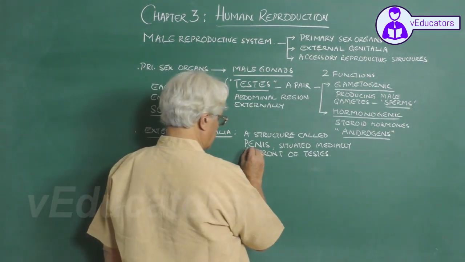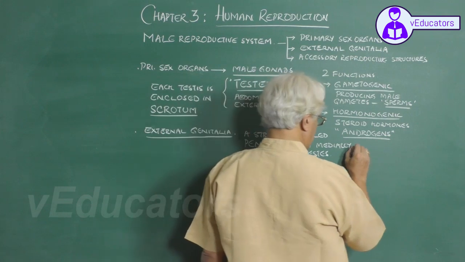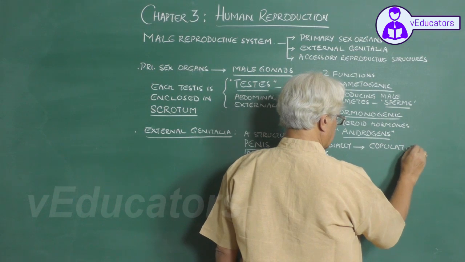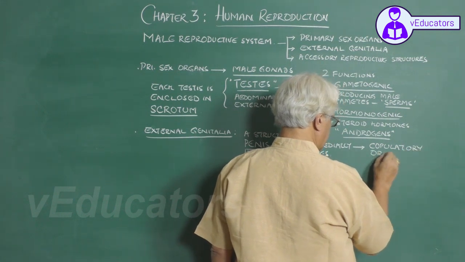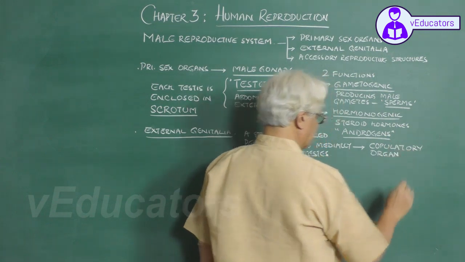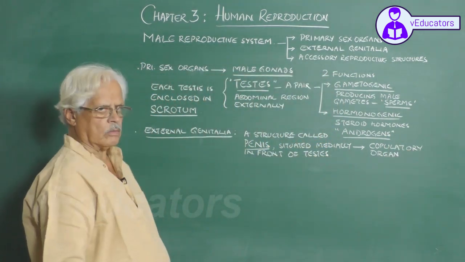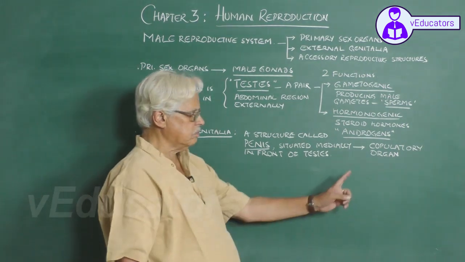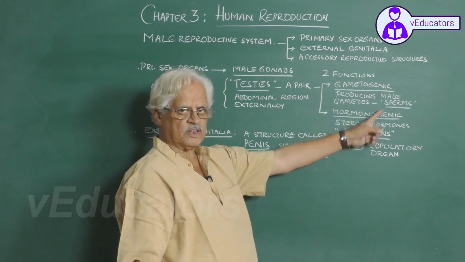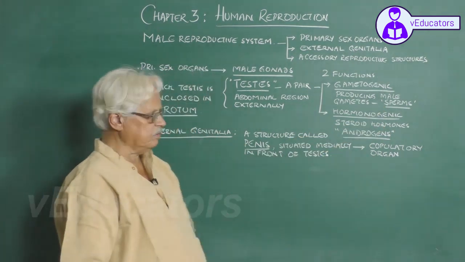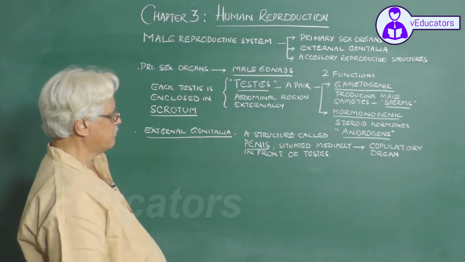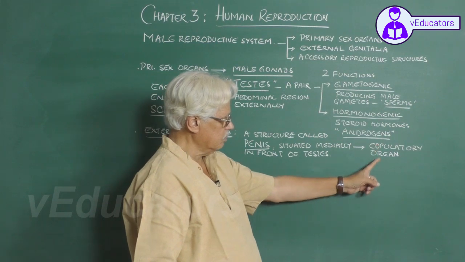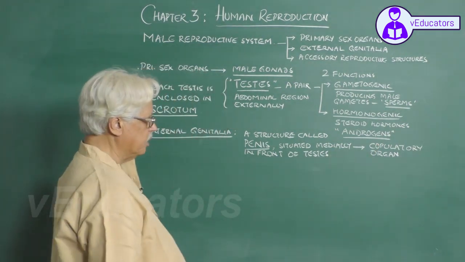Penis is described as the copulatory organ. It is a structure which is meant for transferring the sperms produced by the testis into the female reproductive system, and that process is called copulation. Therefore, penis is described as a copulatory structure.